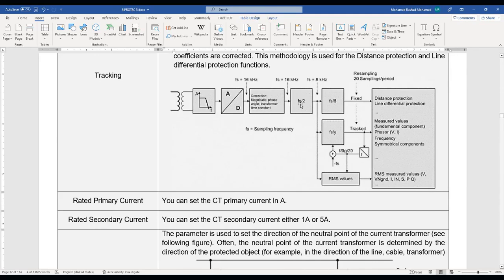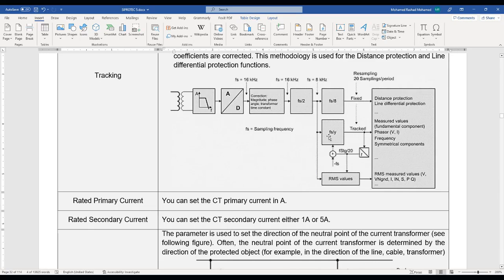After that, it divides this frequency by 2 and performs sampling with a frequency of 8 kilohertz. This 8 kilohertz then splits into 3 directions. One of these directions, if I divide it by 8, means 1 kilohertz. And this is for the distance and line differential protection, and so this is fixed.